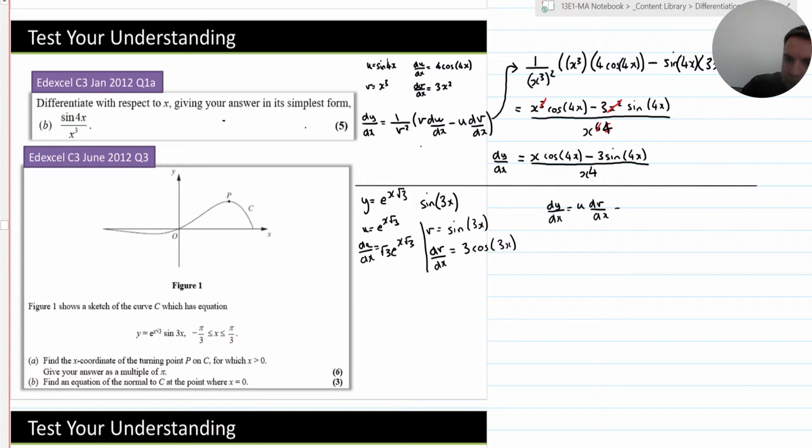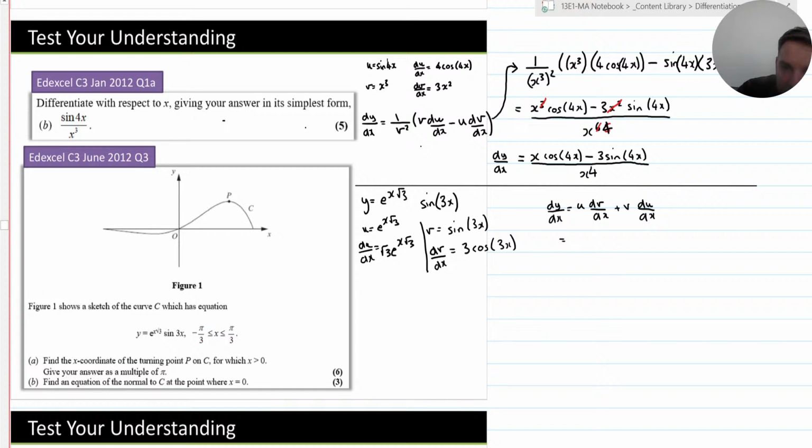Then we're subbing into the formula. Now, the product rule formula is dy by dx is equal to u dv by dx plus v du by dx.